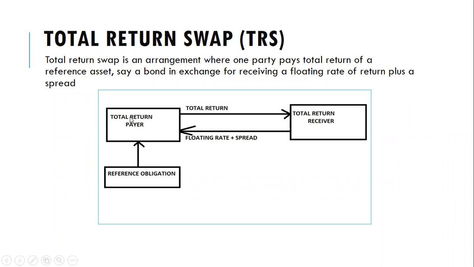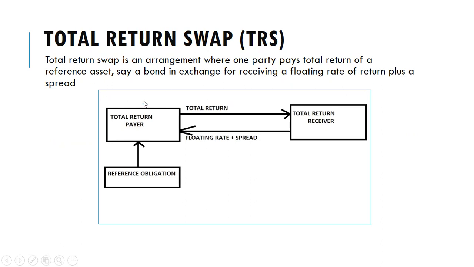Here the total return payer makes the entire total return payments, and in return requires a floating rate plus a spread. So you can consider this as an arrangement where one party pays the total return of a reference asset such as bonds in exchange for receiving a floating rate of return plus a spread.